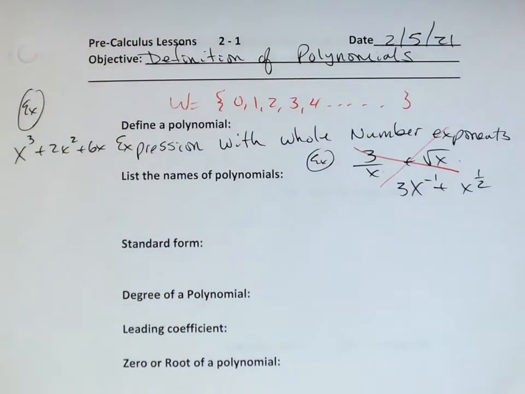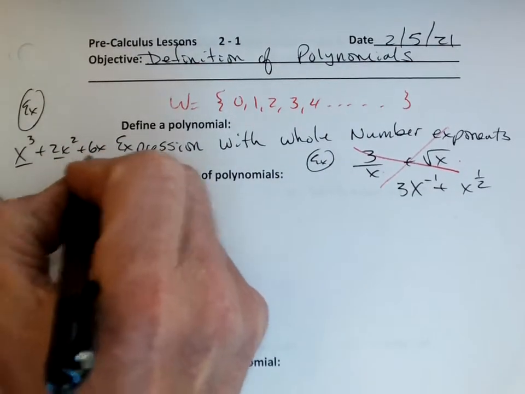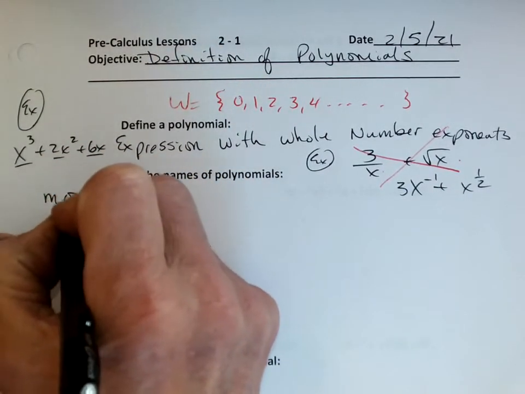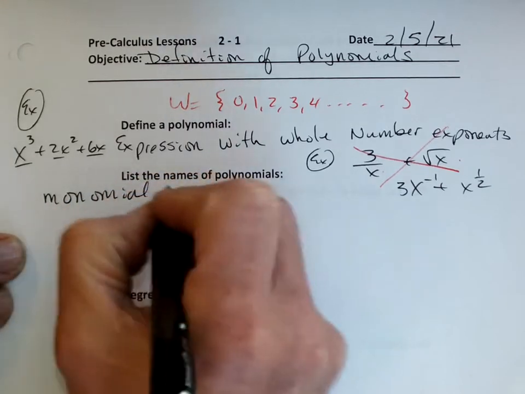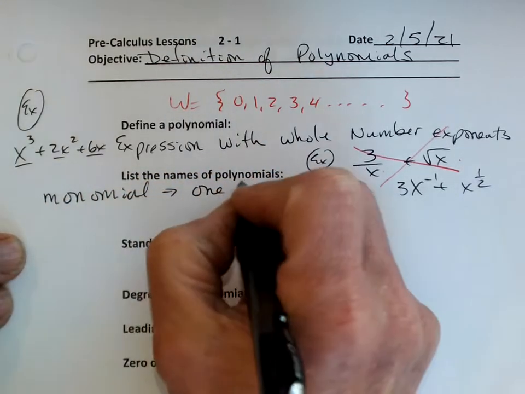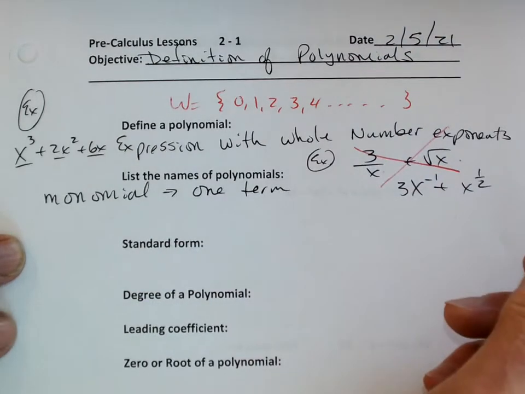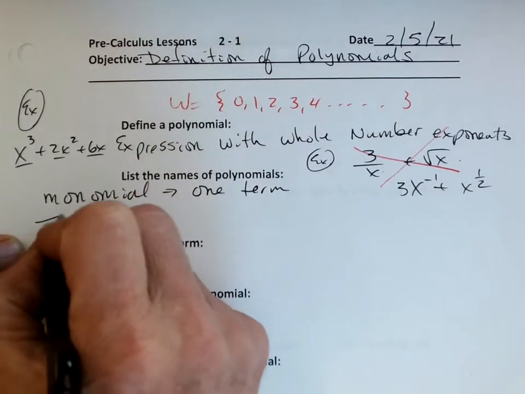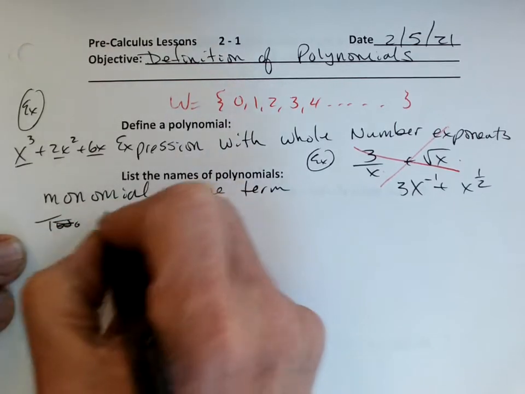So that's not. Okay? Now, polynomials have names, and it has to do with the number of terms. If it has only one term, it's called a monomial. If it has two terms, it's called a binomial.